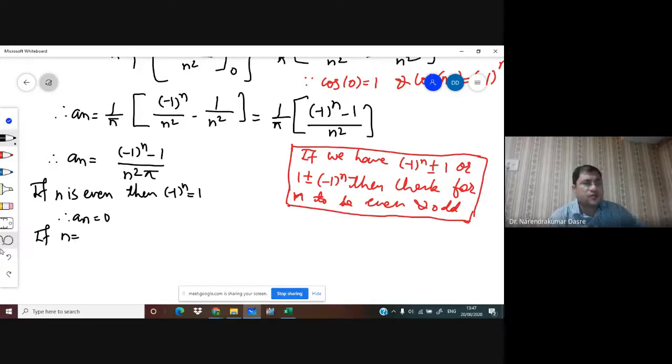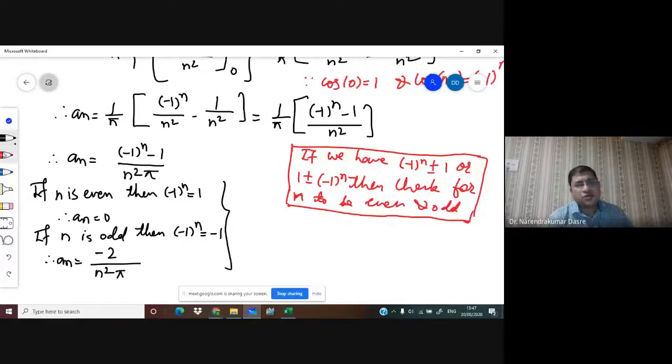If n is odd, then minus 1 raised to n is equal to minus 1, and an is equal to, so this time it is going to be minus 1 minus 1, which is minus 2, upon n square pi. Okay, so this is going to be the next equation.